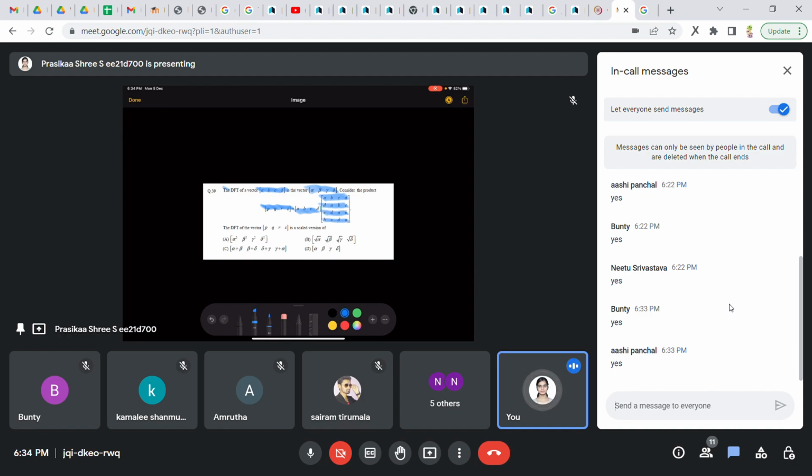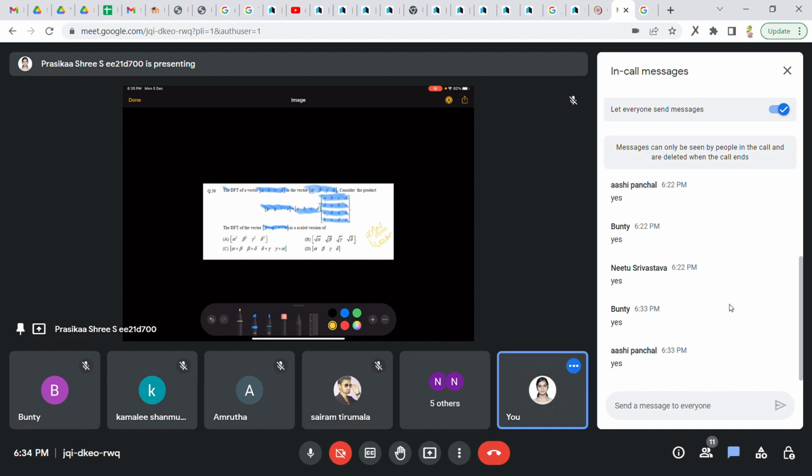So they are asking what is the DFT of the vector PQRS? It is the scaled version of the answer option they have given. Scaled version means some alpha times the option, and this alpha can be any scalar value.